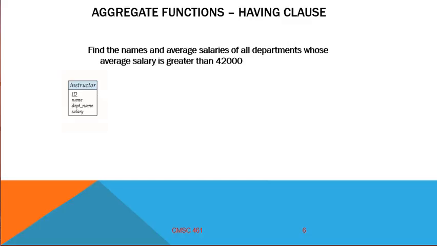So an example of a problem we might address with this kind of query is find the names and average salaries of all departments whose average salary is greater than $42,000.